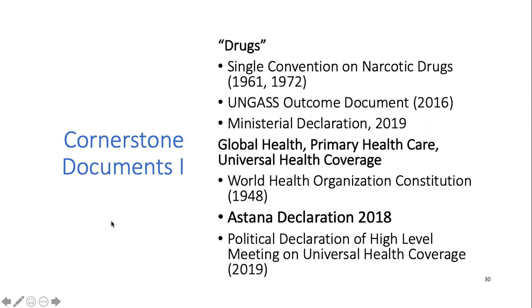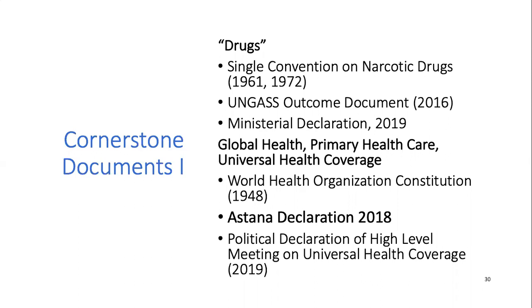The cornerstone documents, the texts with agreed language that we use on drugs, as they're called, are the Single Convention on Narcotic Drugs, the UNGASS, that's the UN General Assembly Special Session on Drugs outcome document, which has an entire chapter on improving access to controlled medicines, and the Ministerial Declaration of 2019, which also discusses access to controlled medicines.